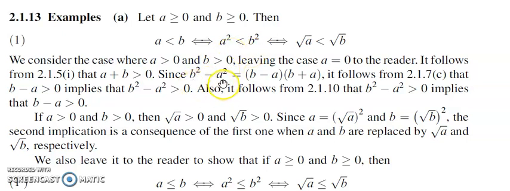Then B square minus A square can be written as B minus A times B plus A. We have already assumed that A plus B belongs to P, or A plus B greater than 0.